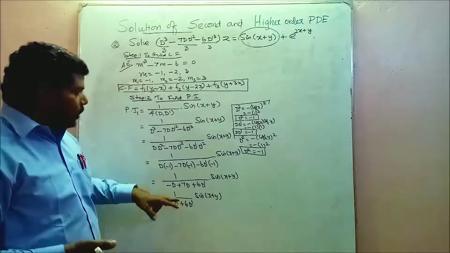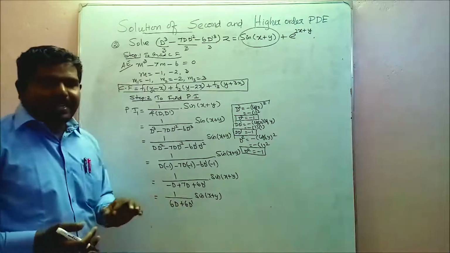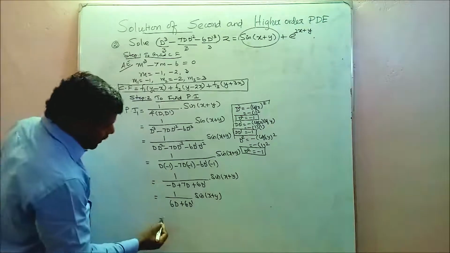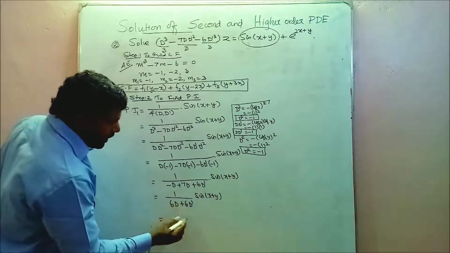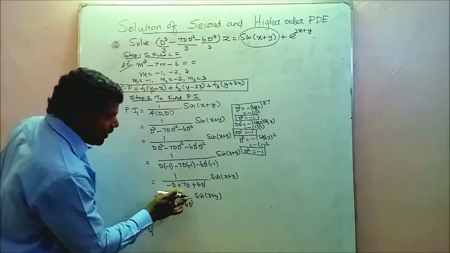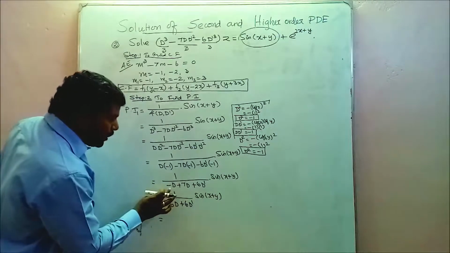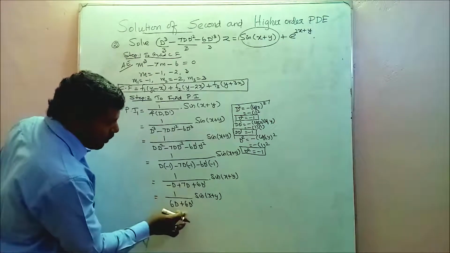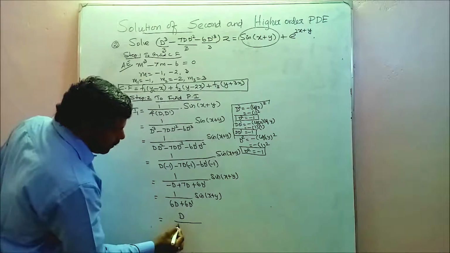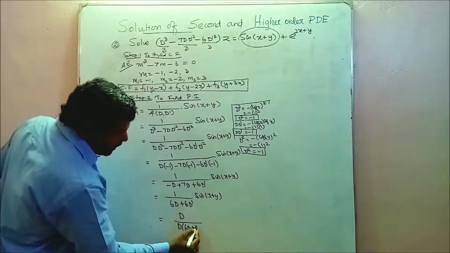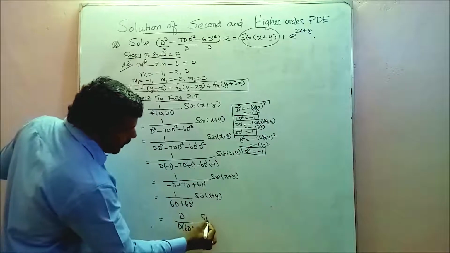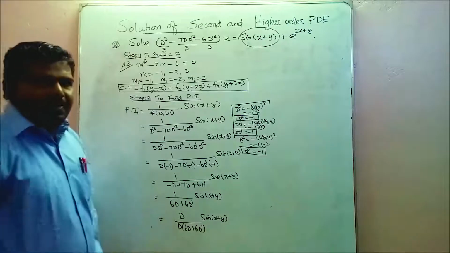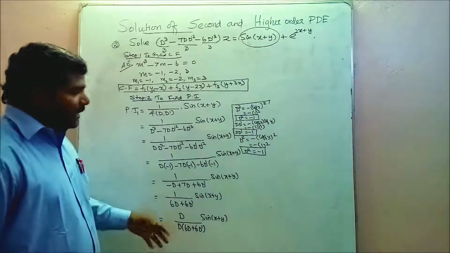But here it is not zero, and since the d dash term is present, we need to give an adjustment. We can multiply both numerator and denominator by d. So d by d into 6d plus 6d dash into sin of x plus y. Multiplying numerator and denominator does not change the value.